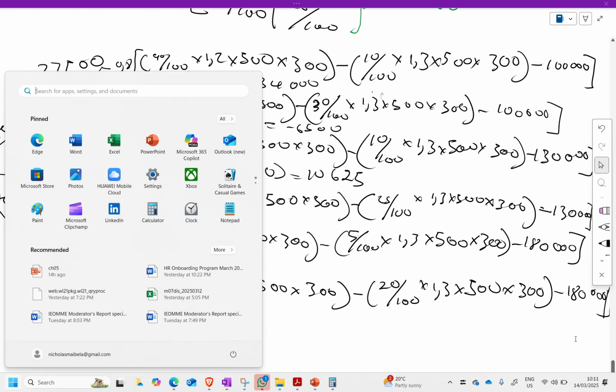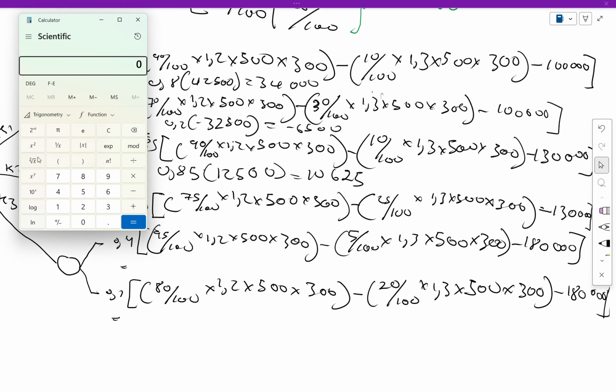Let's go back to that calculator. Open bracket, 0.75 multiplied by 1.2 multiplied by 500 multiplied by 300, close bracket, minus open bracket. Hey, that is not wrong, right?